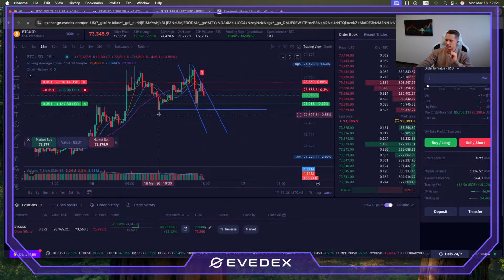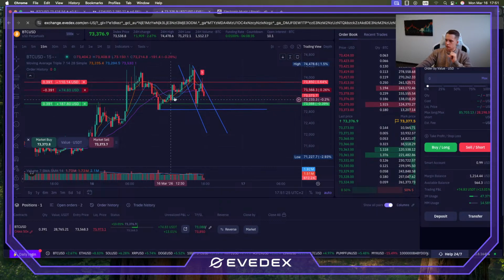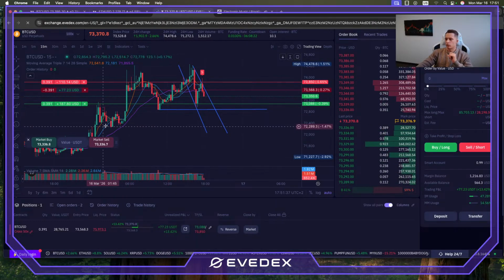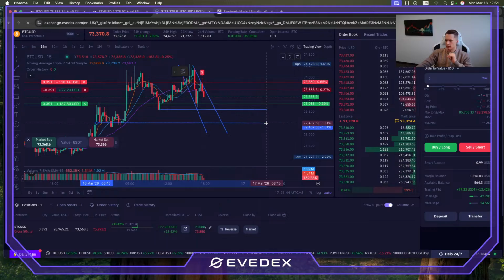This is a level where the price started to go for a bullish move, and it would be an area where the price could struggle to get through. If it does get through that level, then the next one would probably be around here. So roughly we're speaking around here.